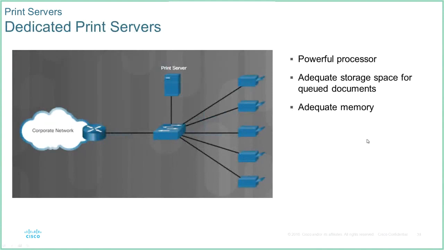And as I said earlier, the benefit of that is you're not relying on the individual device for its memory to queue up all that work. And you're not overloading the printer's I/O, so you get the most efficient output out of the printers as you possibly can as well.